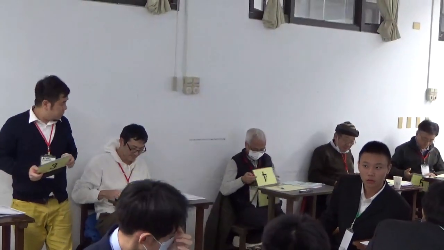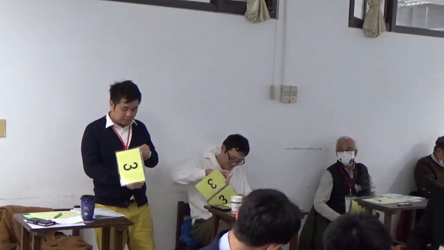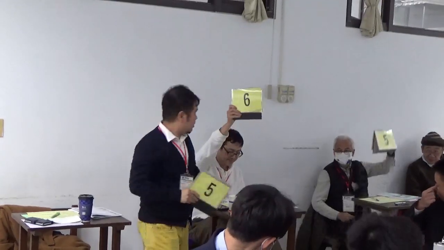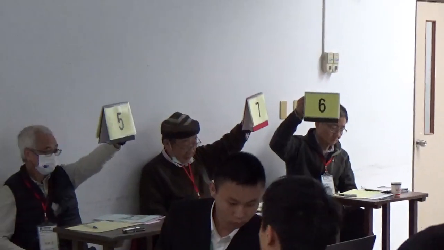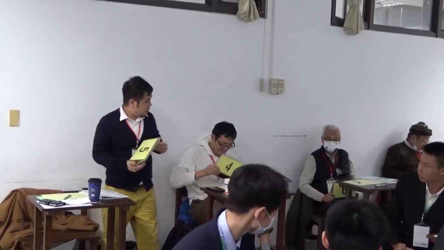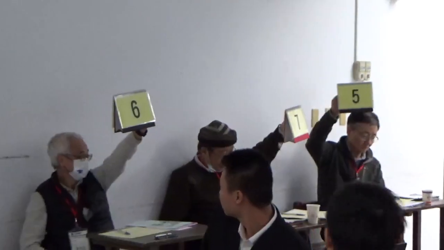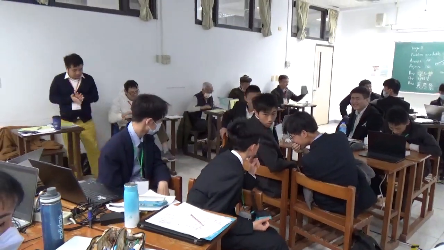The second would be the score for the opponent: 5, 6, 5, 7, 6. Finally, the score for the reviewer: 6, 4, 6, 7, and 5. So now it's 15 minutes for a break. Thank you very much.